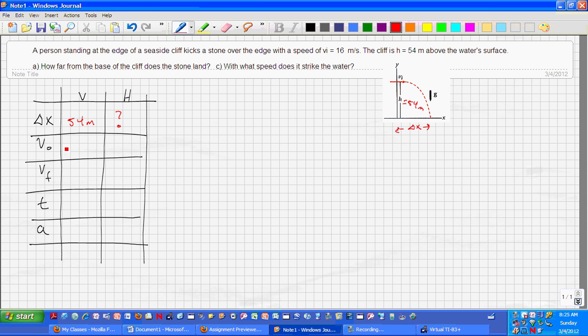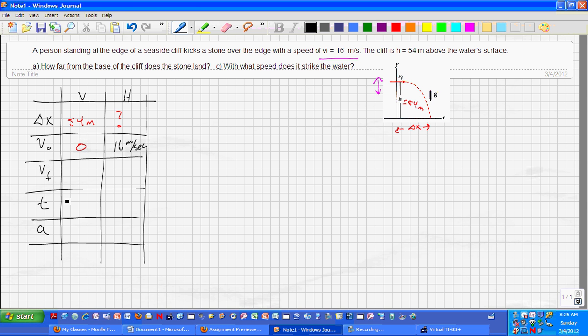The original velocity in the vertical direction is going to be 0 because as it's sitting on the cliff, it's not moving up or down. Horizontally, it's kicked with a velocity of 16 meters per second.